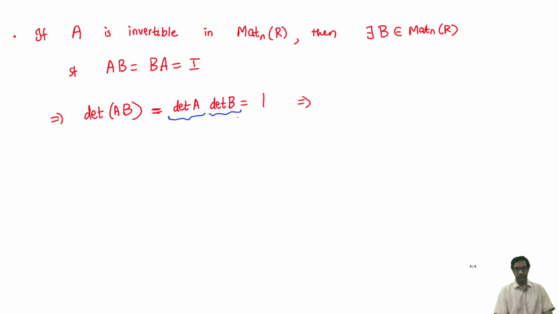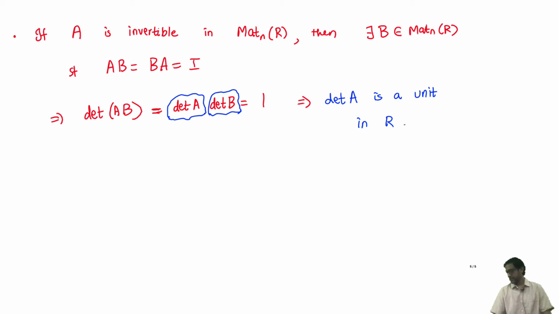So that means the ring element det A has an inverse in the ring: there exists an element in the ring such that their product is 1. This is exactly saying that the determinant of A is a unit in the ring R.